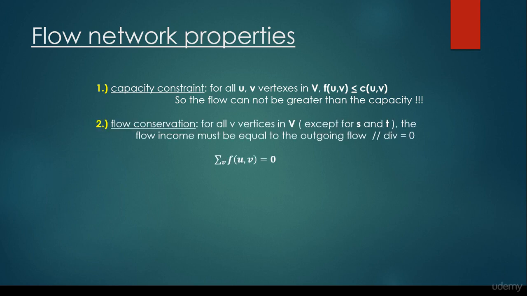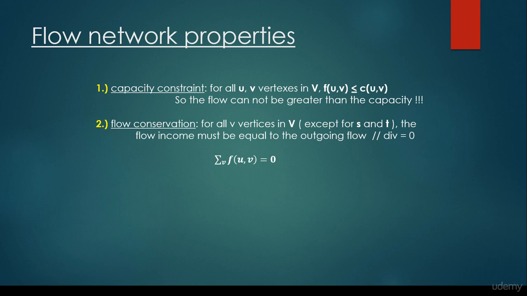What about the second property? This is the so-called flow conservation property. So for all the vertices v in the graph G with the set of vertices V, except for vertex s and vertex t, so basically the source and the sink, the flow income must be equal to the outgoing flow.